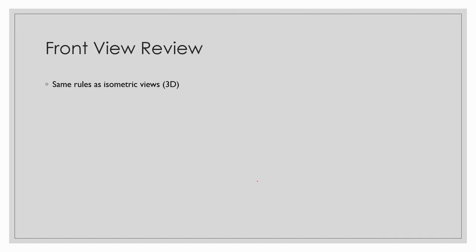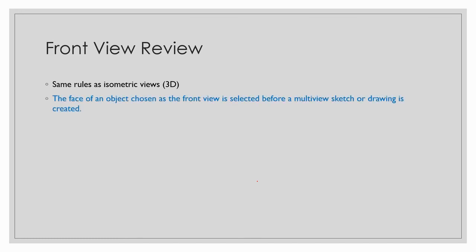So what are some of the criteria for determining a front view? It's really the same rules that we used before in our isometric views. The face of an object chosen as the front view is selected before a multi-view sketch or drawing is created. So as we learned earlier in this lesson, there are guidelines to help you choose the best front view.